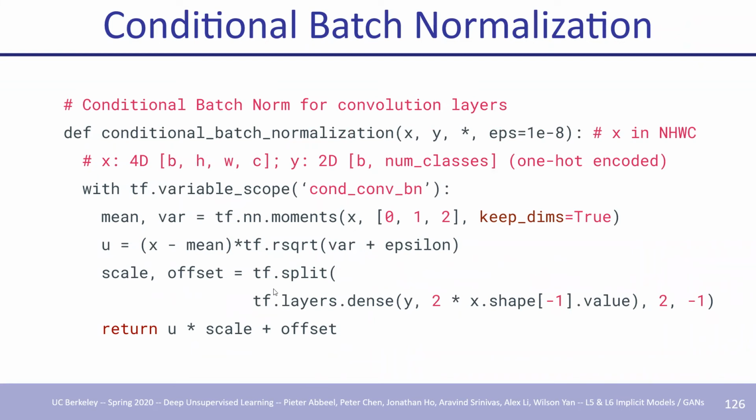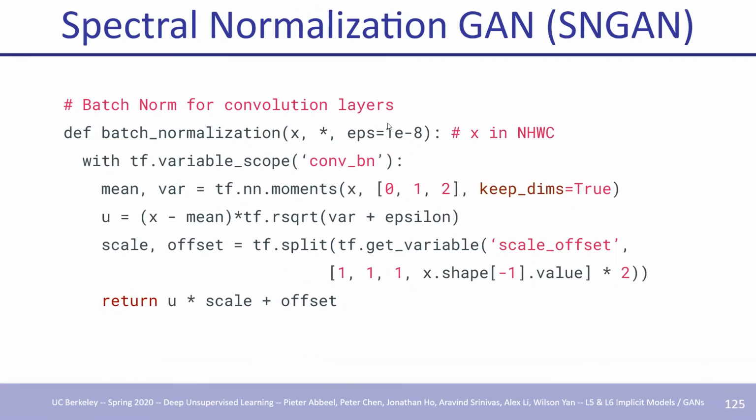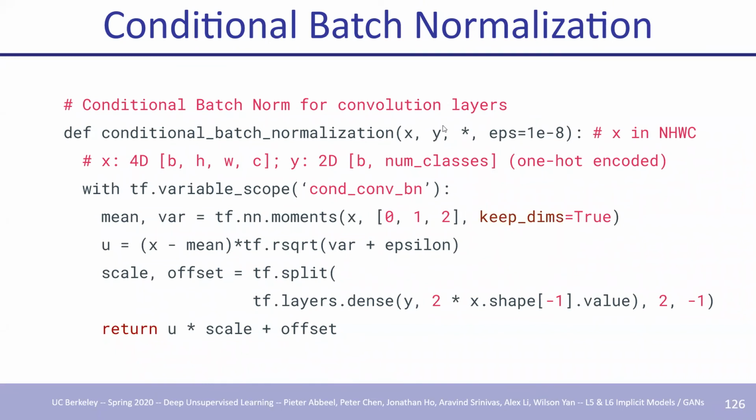They have this thing called the conditional batch norm. Here the input was just X. We didn't have labels for it, so they added labels. This is in TensorFlow, so if it looks weird, it's because it's TensorFlow code. You still calculate the mean and the variance, and then you turn it into mean 0, variance 1.